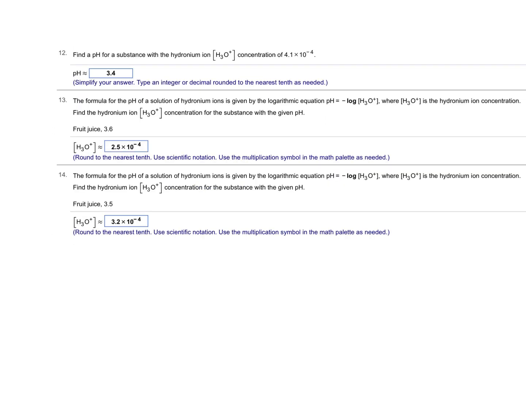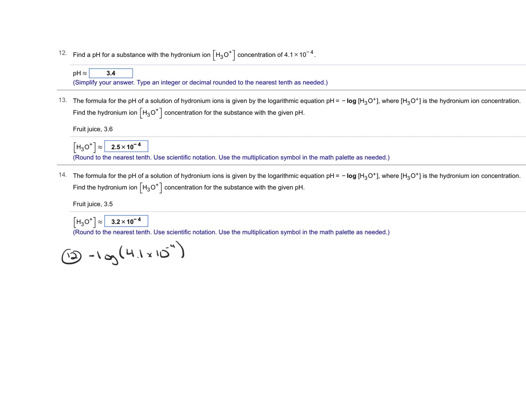Number 12, it says, find the pH for a substance with the hydronium ion concentration of 4.1 times 10 to the negative 4th power. And they are forgetting to tell you that to find this, we need to take the negative log of 4.1 times 10 to the negative 4th power.